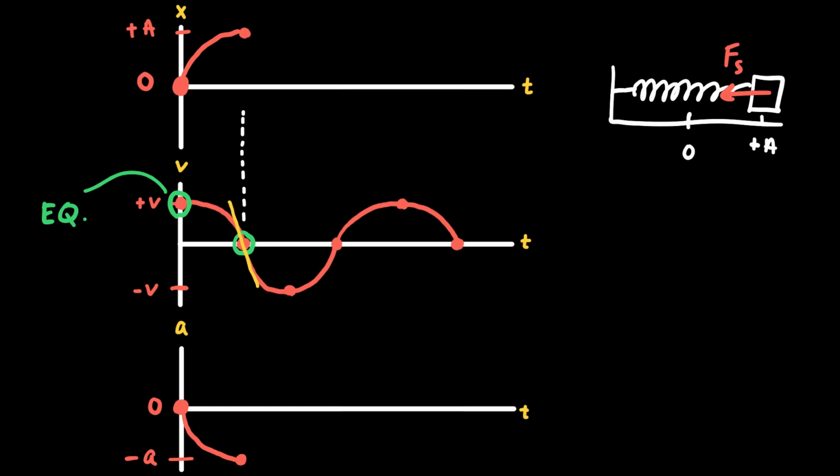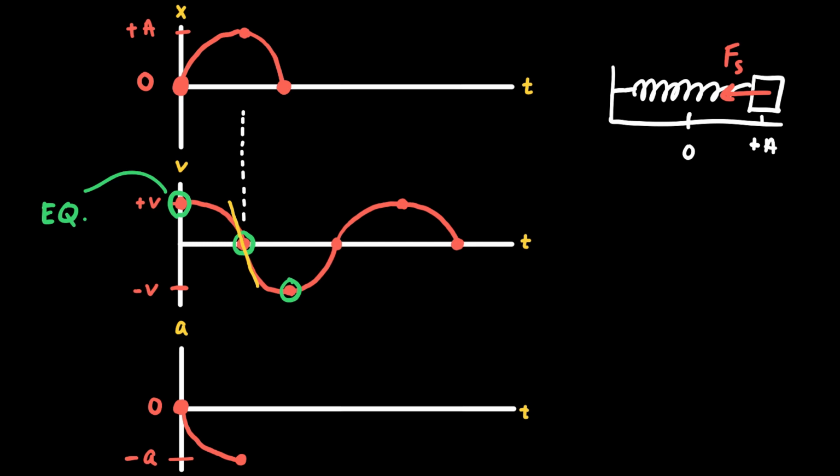The subsequent motion of the object is going to be fairly repetitive, right? That's the whole idea. And so as the object starts to have a negative velocity at a maximum value, I know that the object needs to return back to equilibrium because that's where it has its maximum velocity.